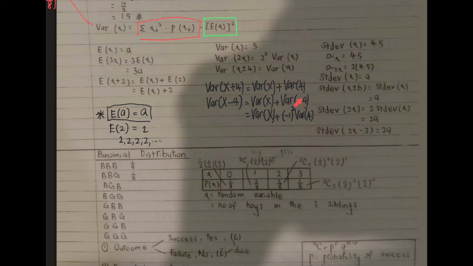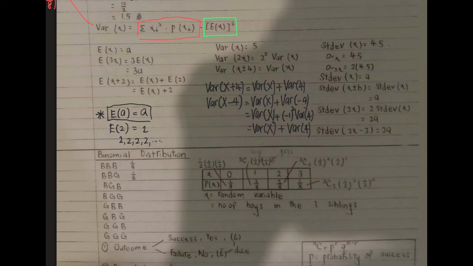I factorize negative 1, then I square it, so no more negative. That's why variance of x plus 4 and variance of x minus 4 both end up with variance of x plus variance of 4. Because you have to square the negative, it will always end up with plus. And the variance of 4 seems to disappear.